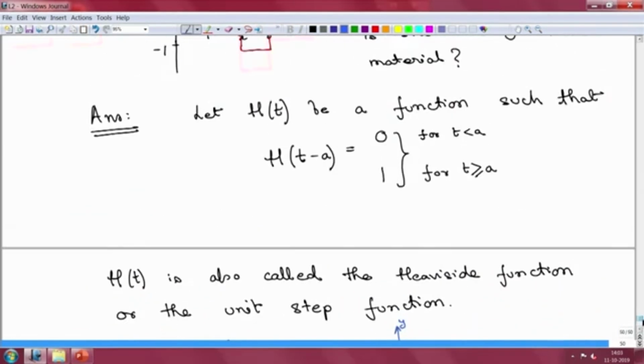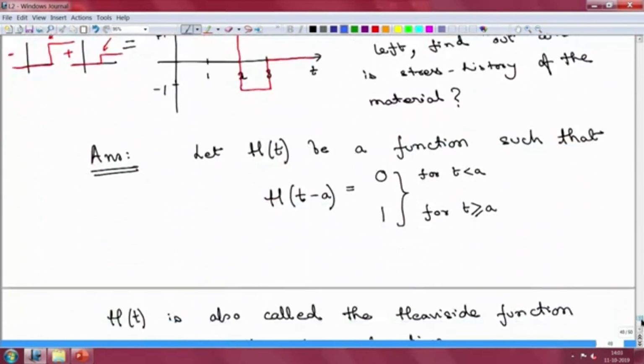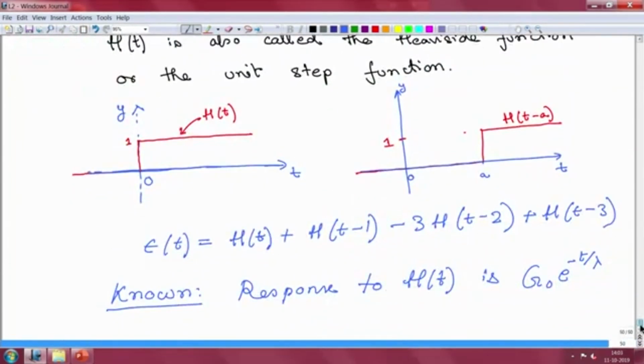This functional form was provided to us, and this functional form is the stress relaxation curve for this function here. Actually, to be mathematically fully correct, this is epsilon naught, and the epsilon naught value is 1 in this case. Okay.